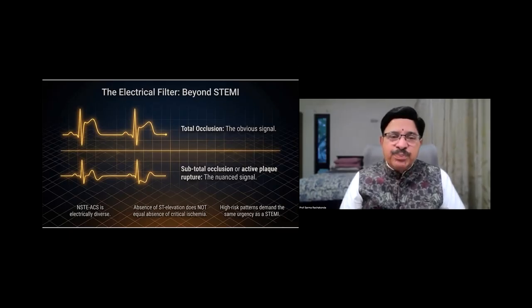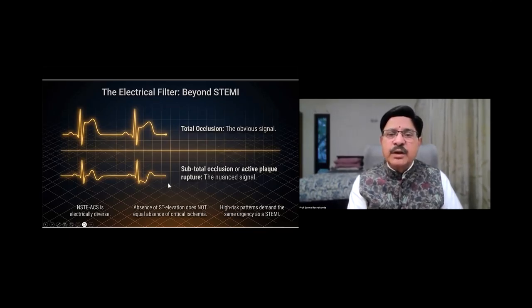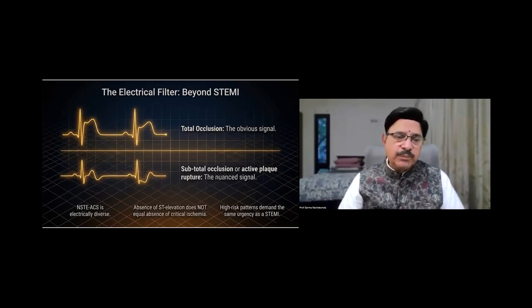It may show an ST-T that is elevated, but there is a depression followed by the T, and ST and T together are depressed. These signify subtotal occlusion or active plaque rupture. This is called the nonce signal. Obvious signal, nonce signal. Okay.